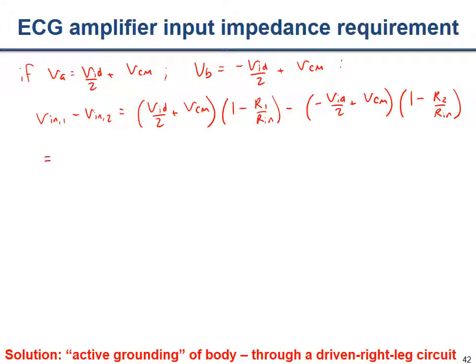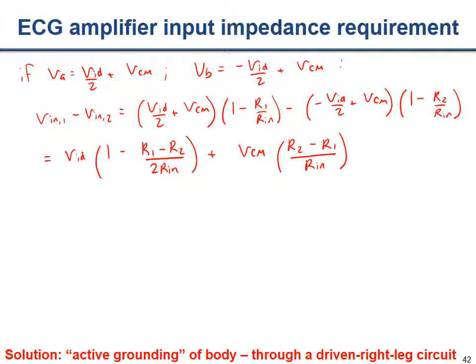We can collect a few terms here. The differential term is VID times (1 minus (R1 plus R2) over 2 Rin), plus VCM times (R2 minus R1) over Rin.